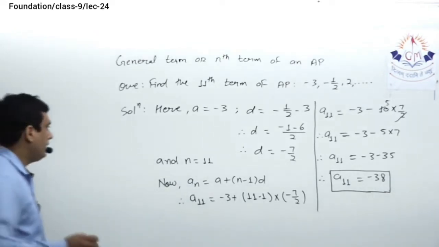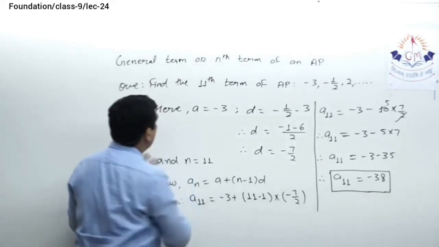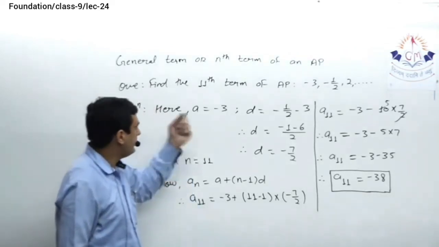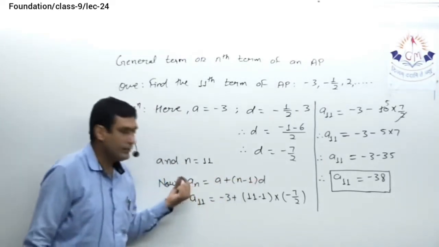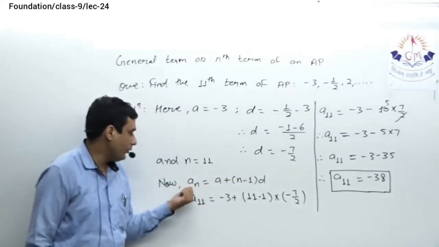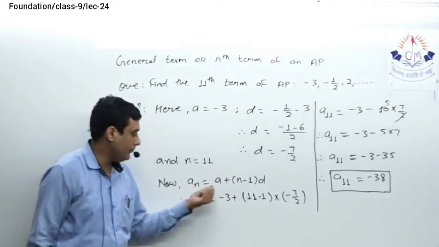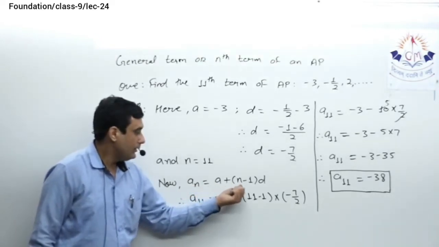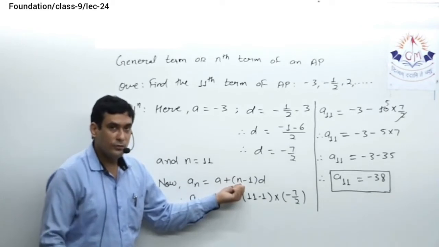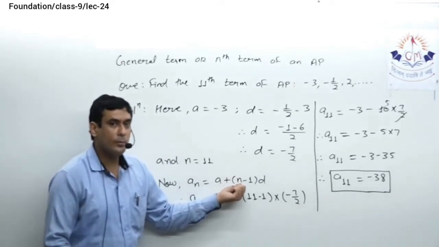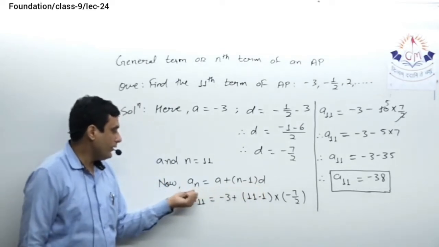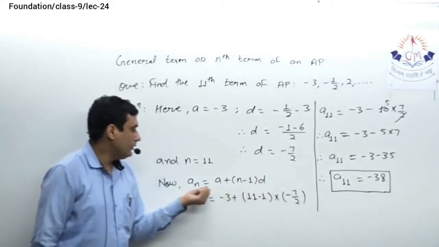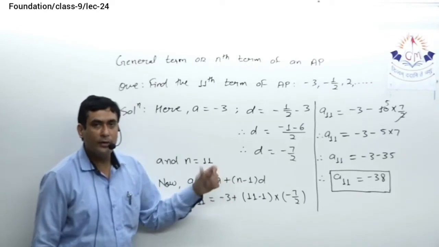Now the next question. We saw two questions in which it was directly asked to find an. In the formula, there are four variables involved: an, the nth term; a, the first term; n, the position of the term, like 11th term, 12th term and so on; and d, the common difference. It is quite possible three variables will be given and they will ask the fourth one.